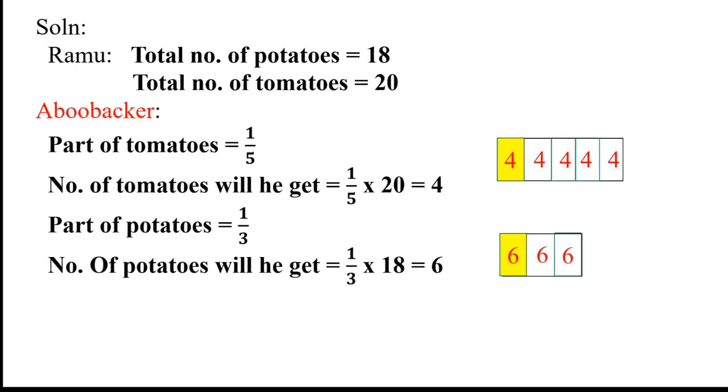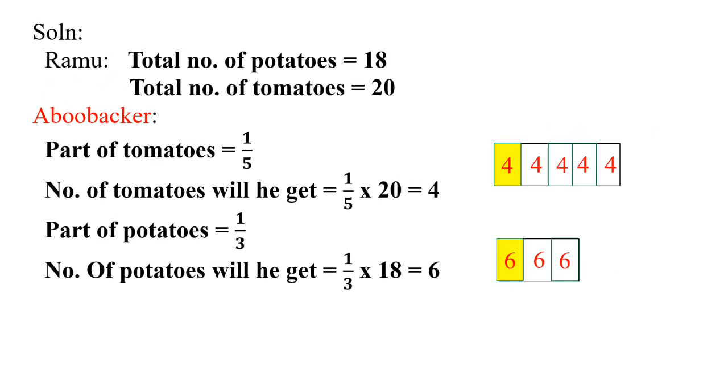Next one. Part of potatoes 1/3. How many potatoes will he get? 1/3 of the total. The total potatoes is 18. So, we have to split the whole into 3 parts. Here, I am splitting the whole into 3 parts.